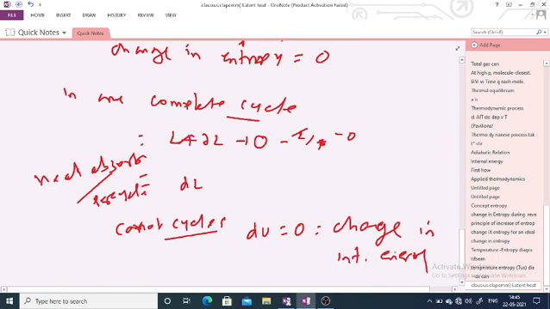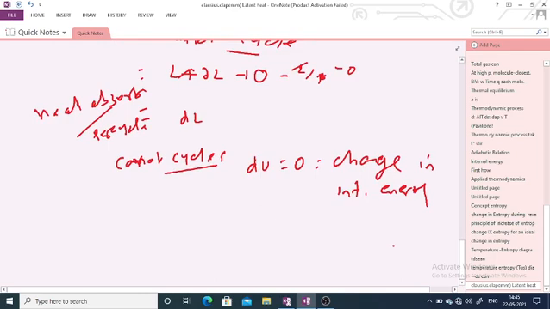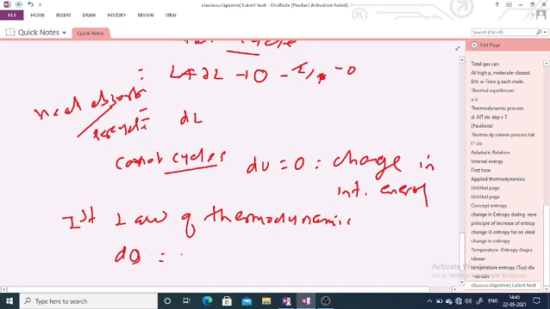According to the first law of thermodynamics, dQ is equal to dU plus dW. Since dU is 0, dQ is equal to dW.